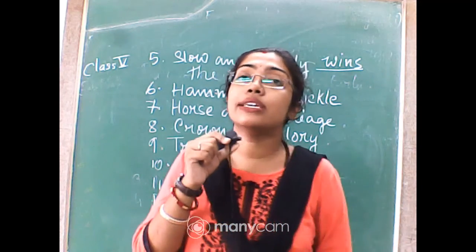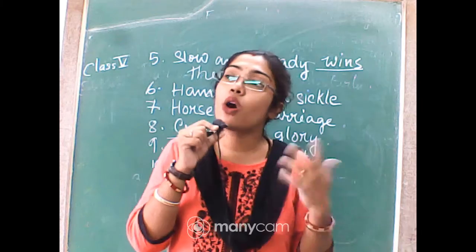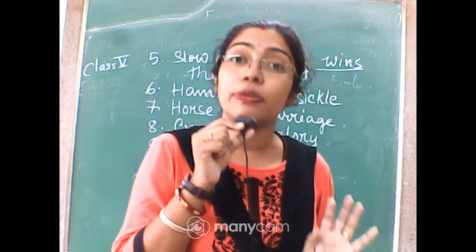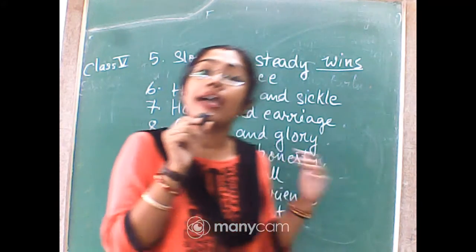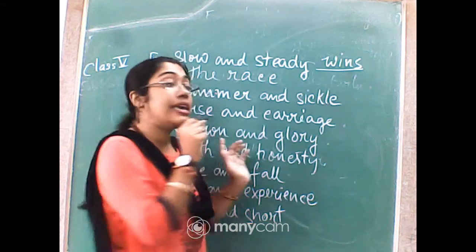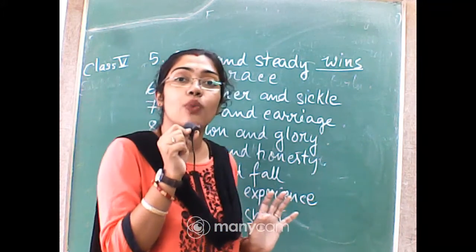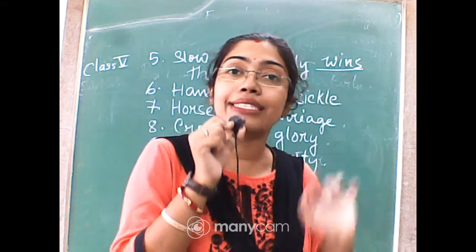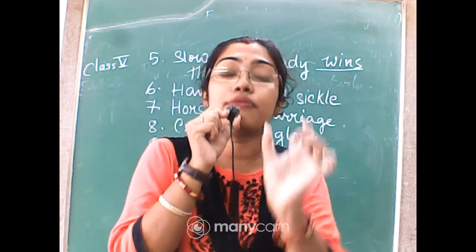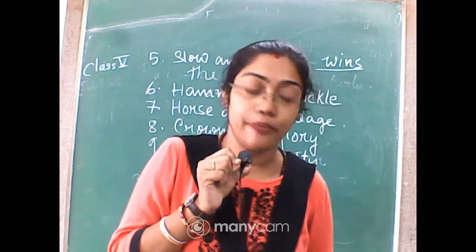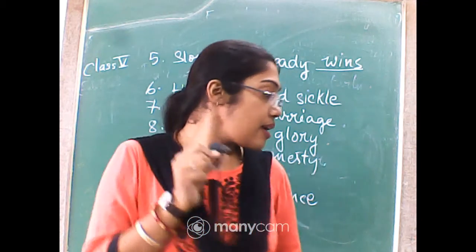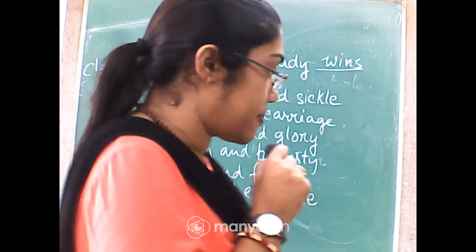Both the things, rise and fall, are always happening in people's lives. So I'm telling rise and fall is evident in everyone's life. After rise and fall, I'm using the verb is.